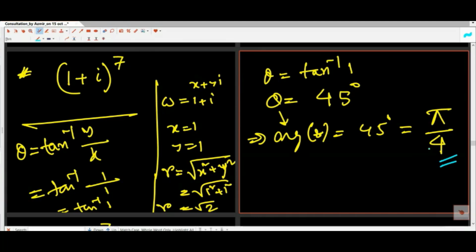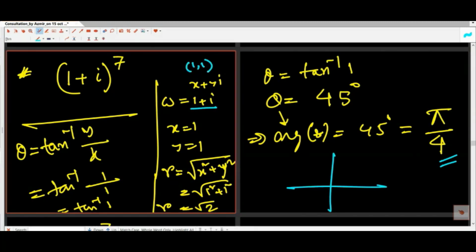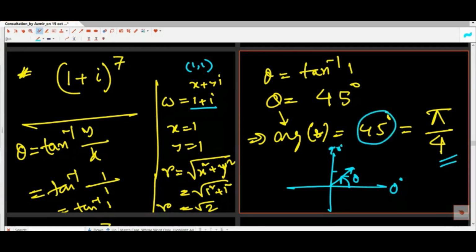Is it accurate or do we need to adjust? This is accurate, because the point 1 plus i, that is (1, 1), is in the first quadrant. So the angle is between 0 and 90 degrees, and we have found 45 degrees. That is why I mentioned earlier that if the point is in the first quadrant, this formula will give us the accurate angle.